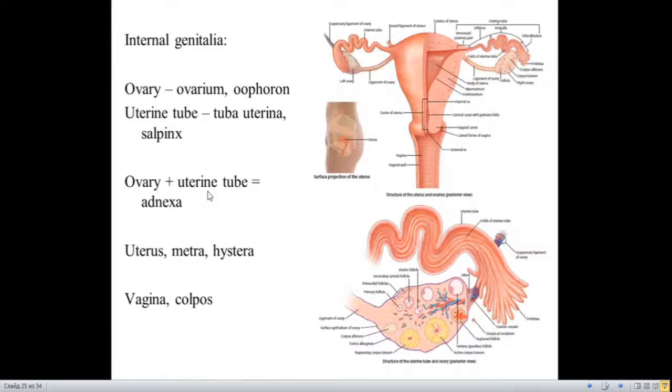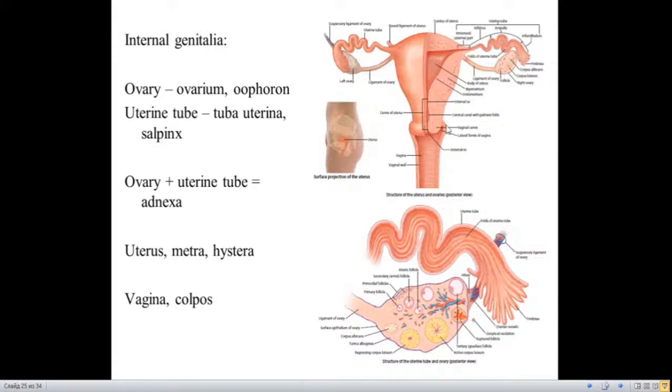So you see these terms are named using the word metra. Also parametrium is present. It is not a layer of the wall, it is adipose tissue surrounding the cervix of the uterus. And the hystera term is also acceptable. In gynecology there is an operation known as hysterectomy, removal of the uterus. You see, it comes not from uterus but from hyster.